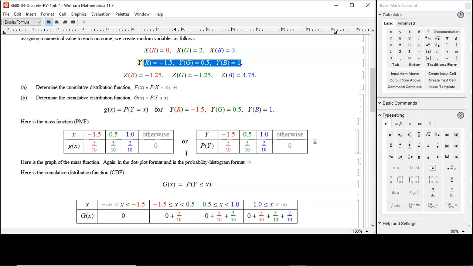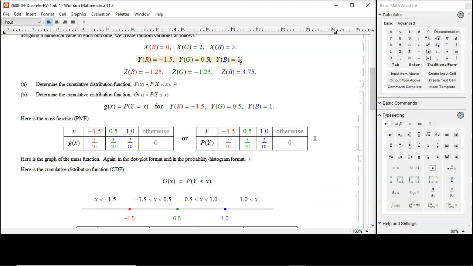Now if x is much bigger than 1, say 45, then less than 45 will cover everything, so probability goes up to 1. For example, if x is say 0, it's going to come right in between here, right? So less than 0, negative 1.5 is covered. 0.5 is not covered. So only this is included, the others are not. So we have this kind of situation.